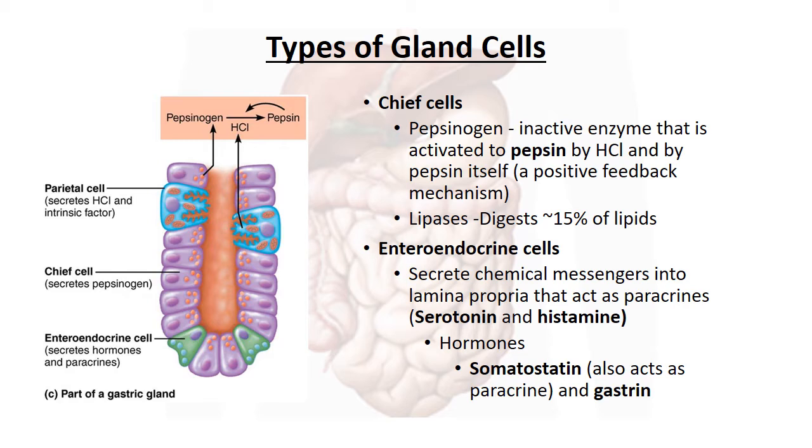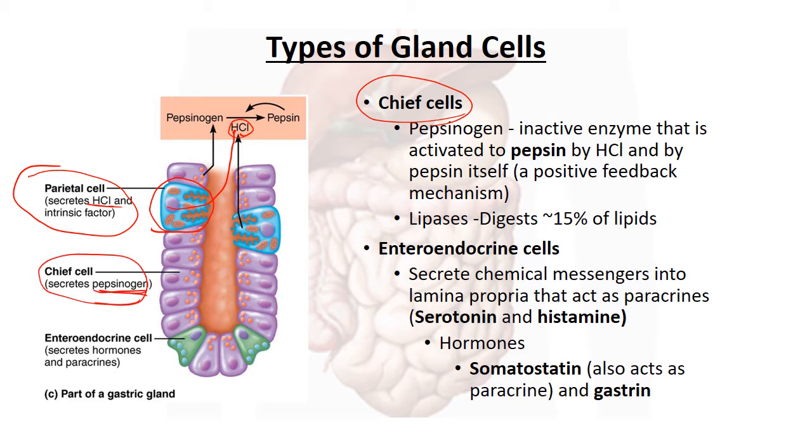The next type of cell that I want to talk about is the chief cells. Remember when I said something about parietal cells? In this picture, here's our parietal cell. It secretes the hydrochloric acid. When the parietal cell secretes that hydrochloric acid, it takes this pepsinogen that is secreted by our chief cells, the ones here in purple, and converts it to pepsin.